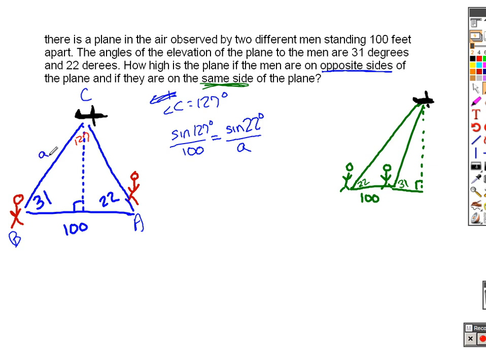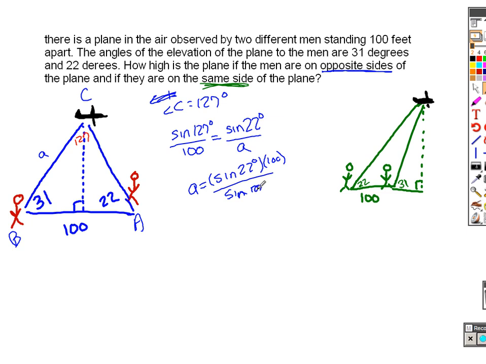When I do that, I'm going to find that A should equal sine 22 times 100 divided by sine of 127.